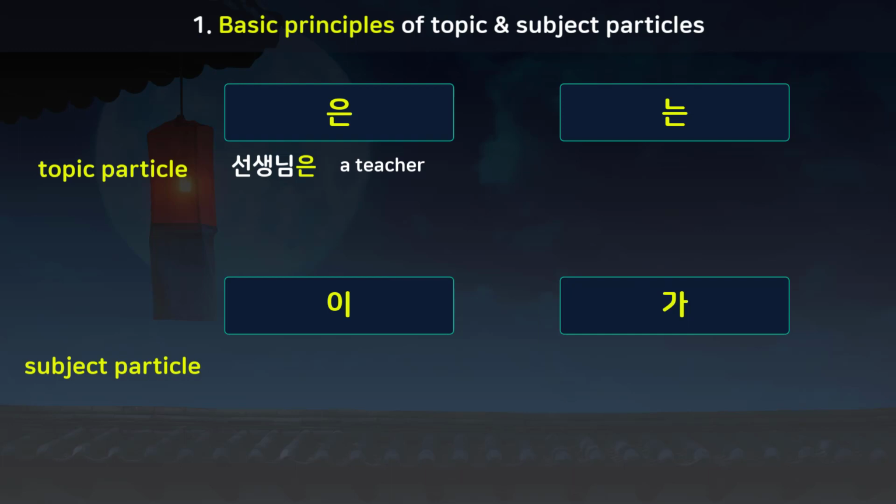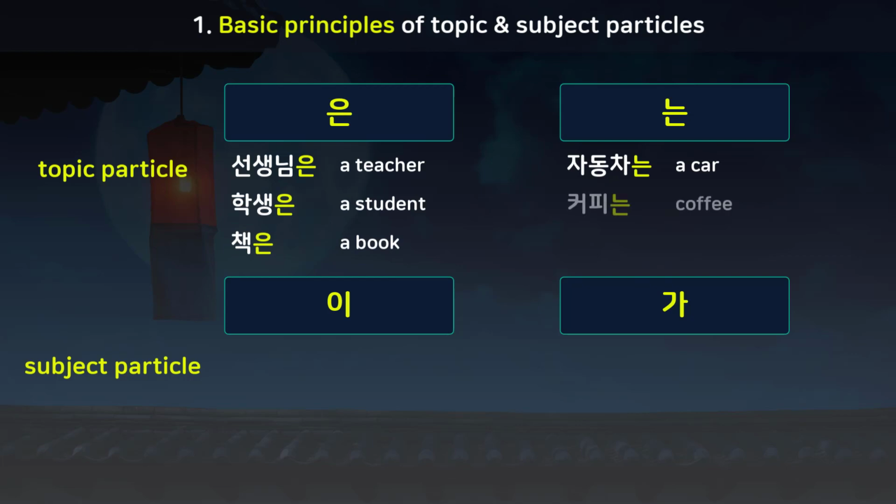However, if a noun doesn't end in 받침, let's say 자동차, a car, then we use 는 and say 자동차는. To give you more examples, 학생, a student, also ends in 받침, so we say 학생은. And 책, a book, also ends in 받침, so we say 책은. On the other hand, 커피 doesn't end in 받침, so we say 커피는. And 학교, a school, doesn't end in 받침, so we say 학교는.